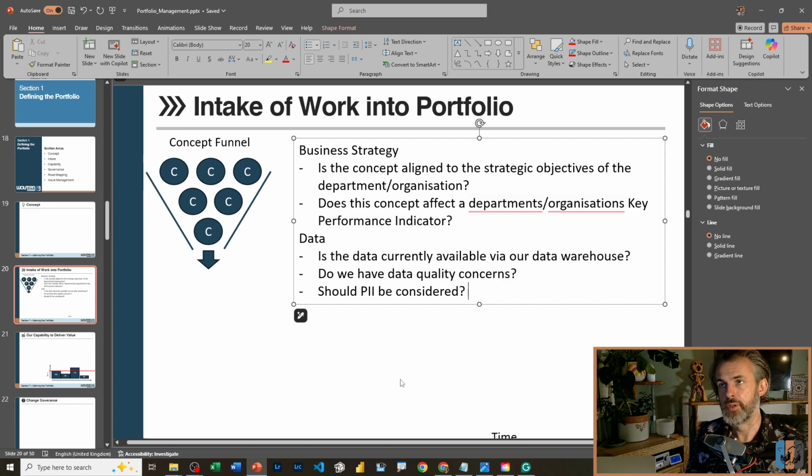Because again, it layers on how much risk are we carrying. So how much risk are we taking on into the business? Like, if someone wanted to have a report that everyone wants to see, but it's got PII considerations, there needs to be such strict governance around who gets access to this, and what's the ongoing maintenance of who gets access, and lots of different questions to be asked there.